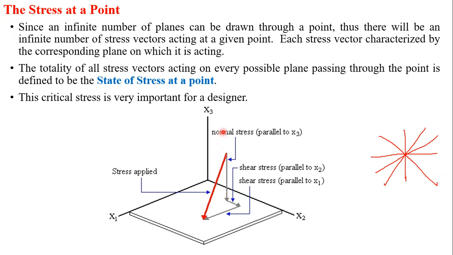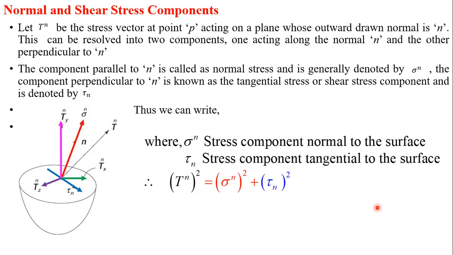The one normal to the plane is called normal stress, and the remaining two stress components are called shear stresses. Thus, a stress may have three components: normal and two shear components.